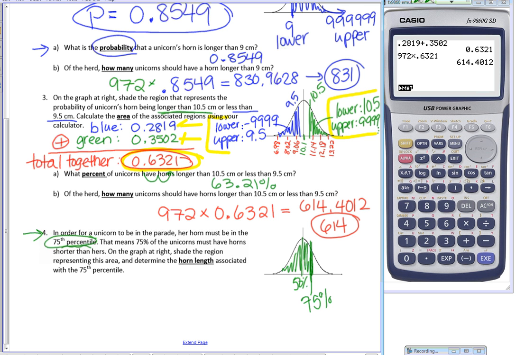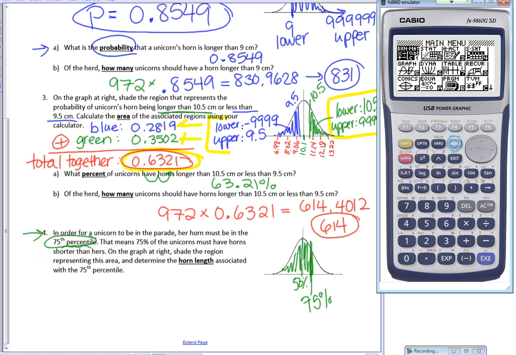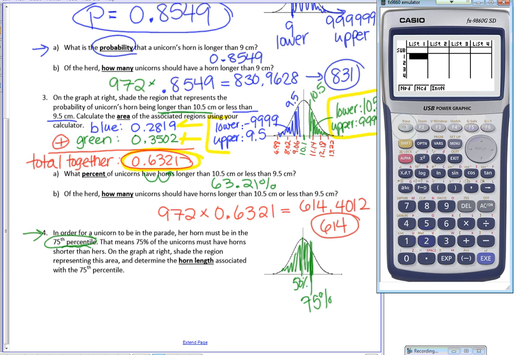But I've got to now work backwards to figure out where this mark is. How many centimeters long is the horn? So I'm going backwards. You go to the same place as you would to do a normal distribution. So you go to menu and we go into stat. We go to distribution, we go to normal. But there was another option, and it was inverse normal.